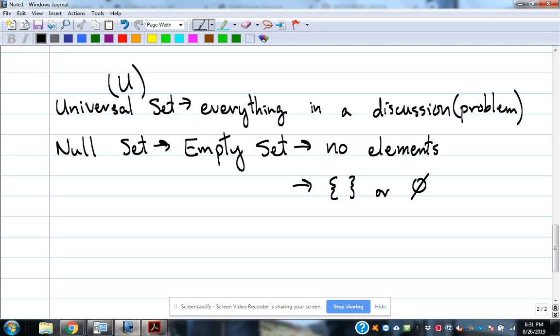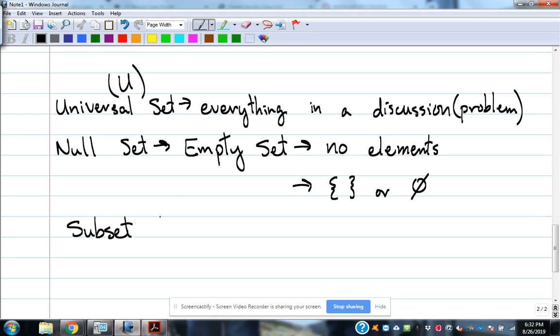The null set, the empty set, either of those notations are the same thing. So our textbook tends to bounce back and use both of them. That's why I show both of them. It will sometimes use the circle with the slash when it means the null set. It will sometimes use the empty braces. But those two mean the same thing. They both are the null set.